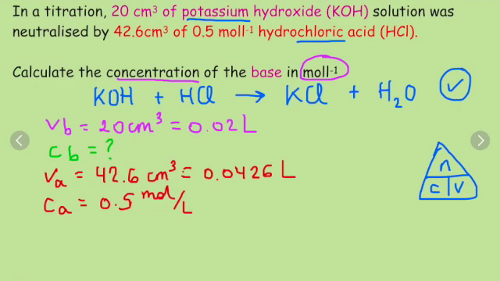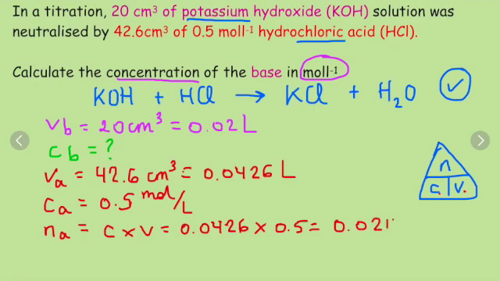With those two, volume and concentration, we can calculate the number of moles of the acid, which is 0.0426 times 0.5, and this is 0.0213 moles.